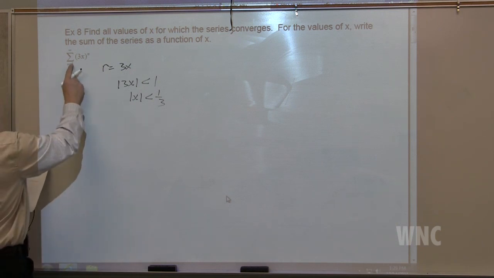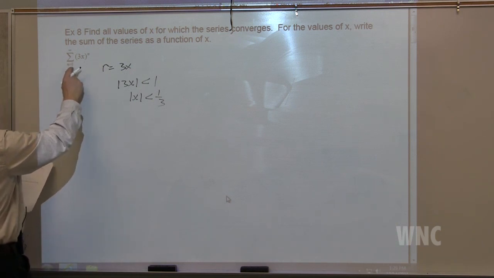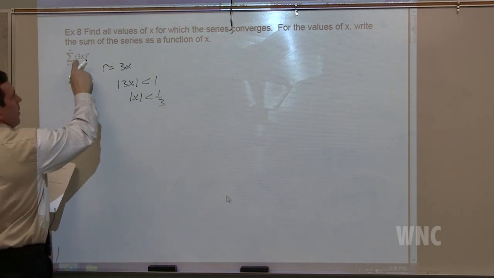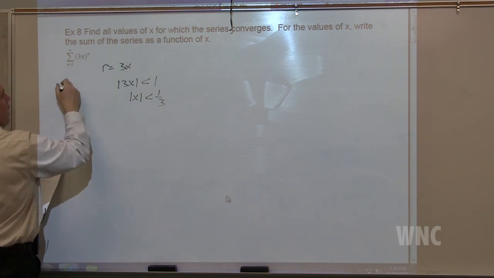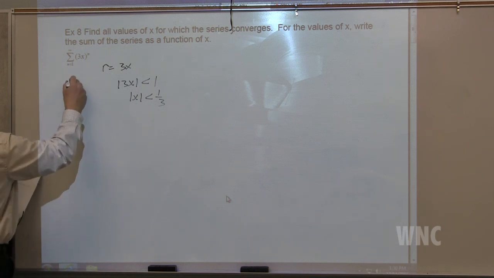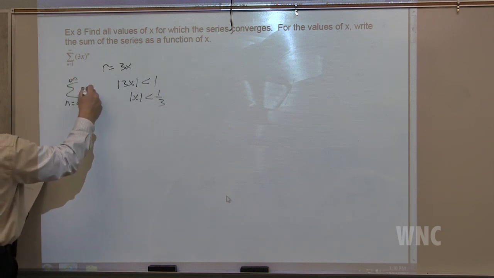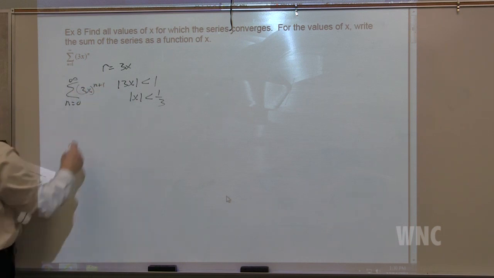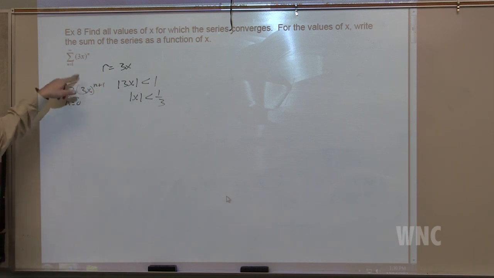And if it helps, I should start this over because this says n equals 1. Here we go. We could write it like this. N goes from 0 to infinity of 3x to the n plus 1. So if n is 0, it starts at 1 like it does there.